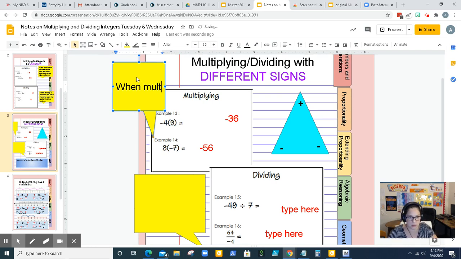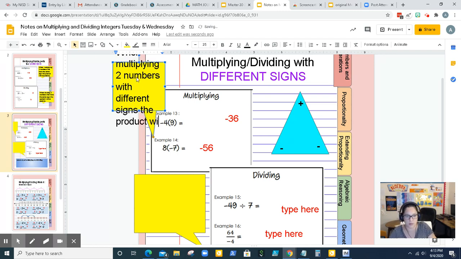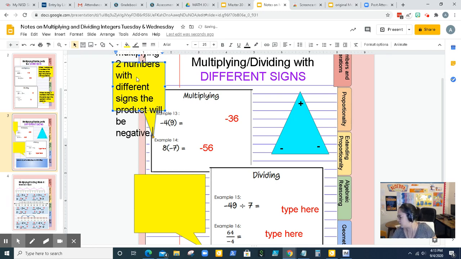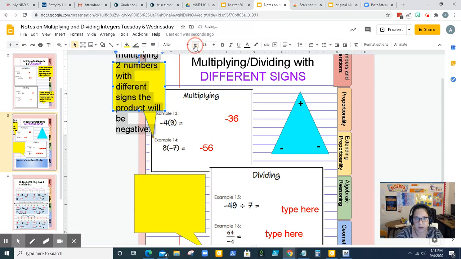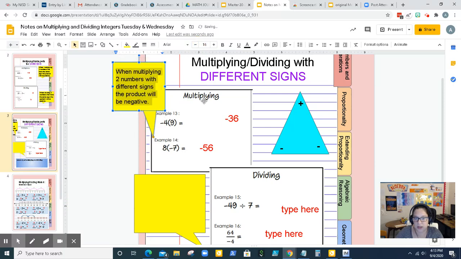When two numbers with different signs, the product will be negative. And my font is extremely big, so I'm going to change it and make it a little bit smaller. I have to make sure that I fix that.